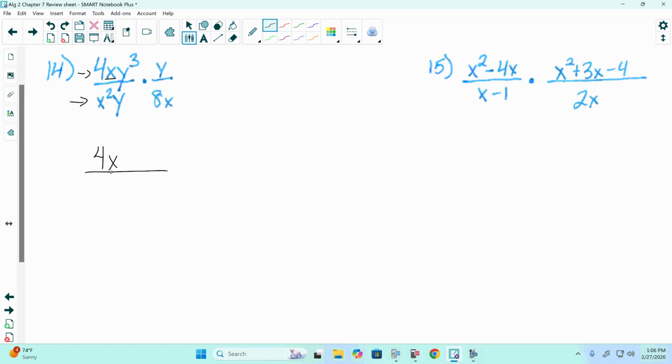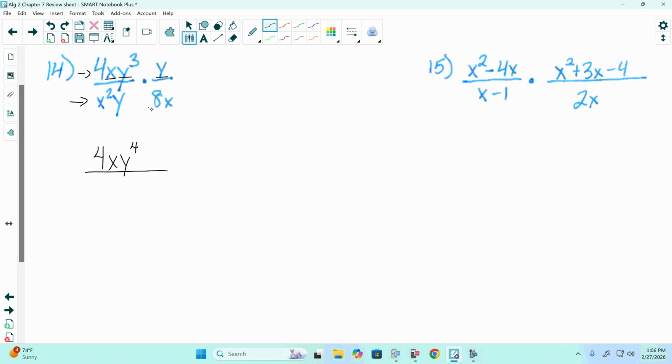It's the only x that shows up on the top of the fraction. However, we do have y cubed times y. Whenever we multiply like bases, we add the exponents. So 3 plus 1 is 4, and we have y to the 4th. We're finished multiplying the numerator, so the whole numerator is 4xy to the 4th.